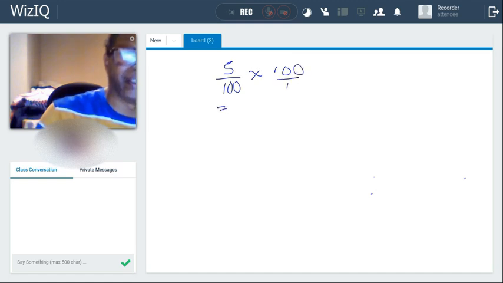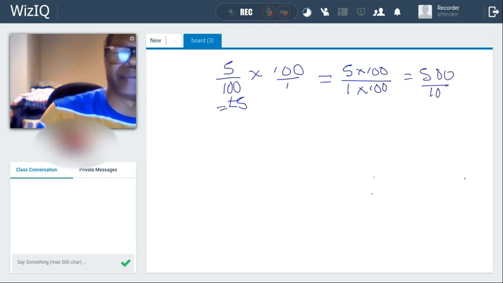So it's going to be 5 pounds. Remember what I said earlier on. So in the previous one, you can follow the same if you want. So 5 times 100, so 1 times 100. So that is going to be 500 over 100.